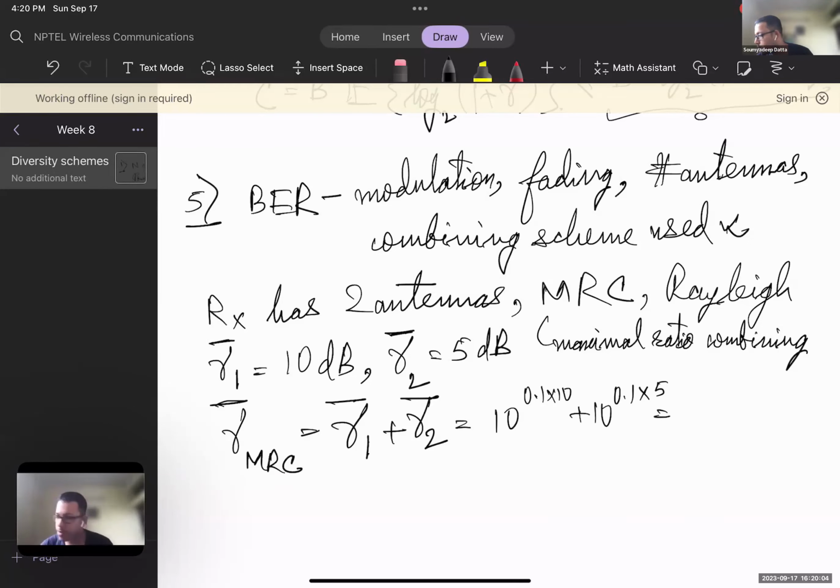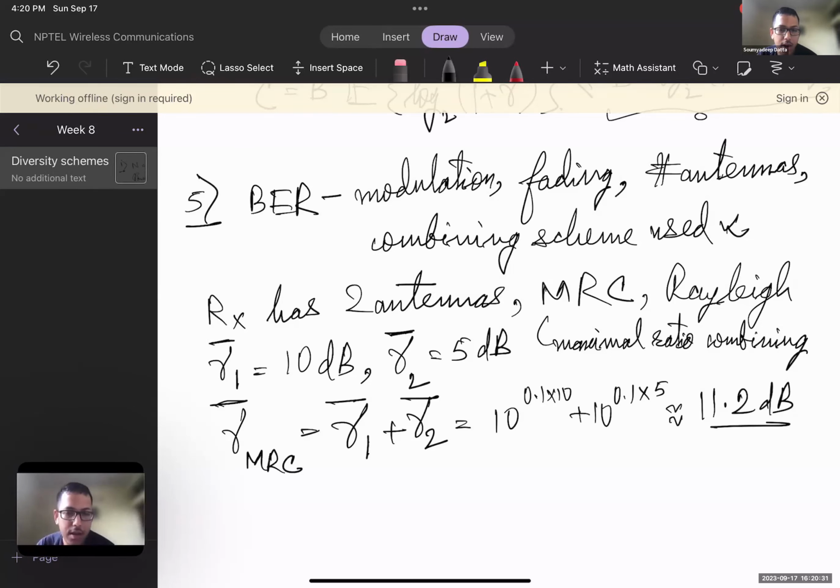This is in linear scale, I'm converting it into dB, so it is coming to be roughly 11.2 dB. So that's the value I'm getting. So this is for MRC. This is how you determine average SNR.